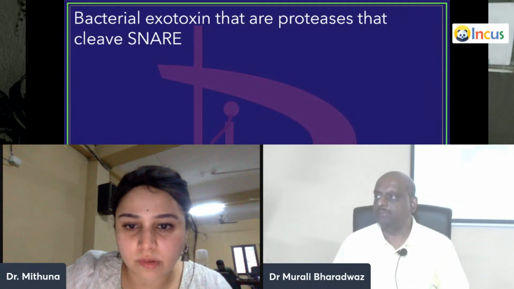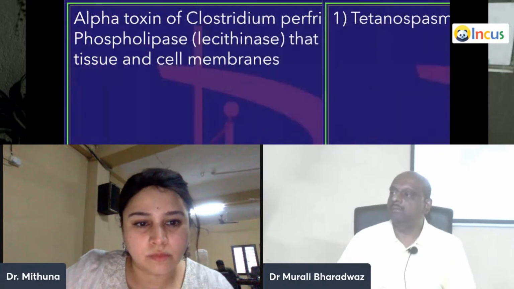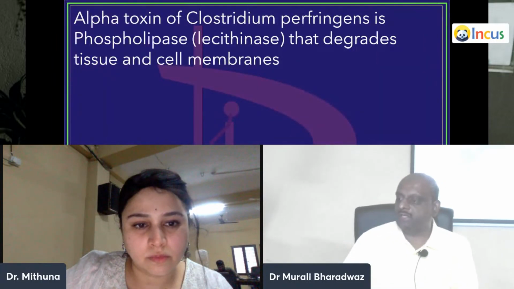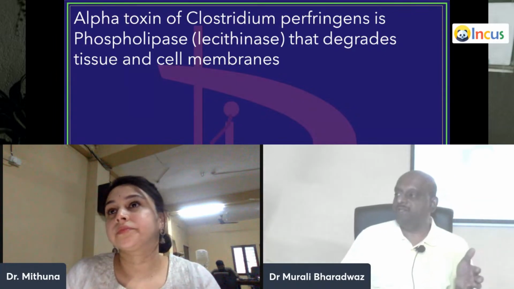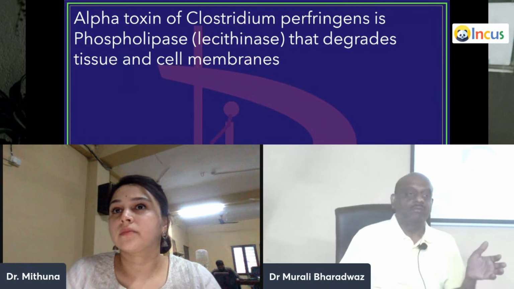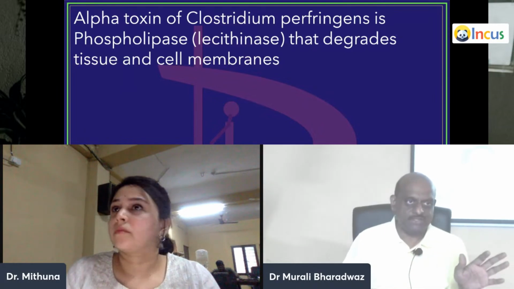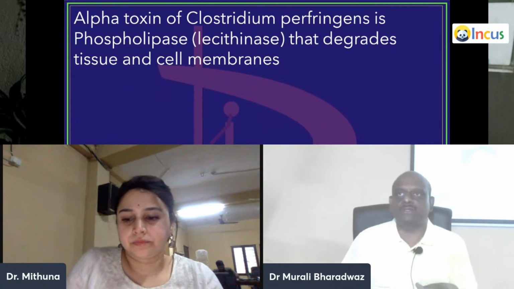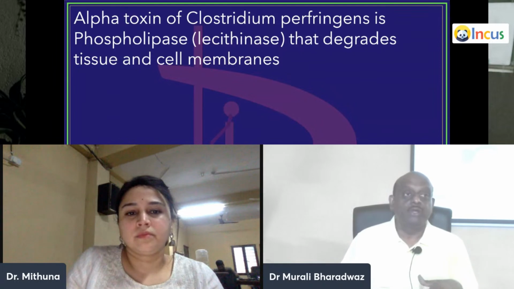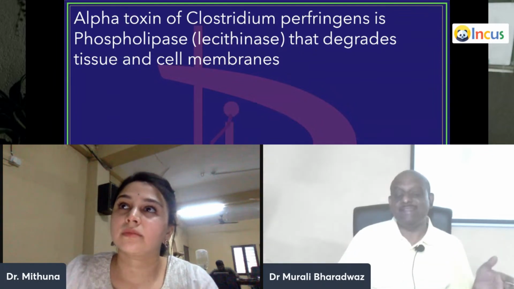Very good. So, the alpha toxin of Clostridium perfringens is a phospholipase, which is lecithinase, that degrades tissue and cell membranes. A lot of times this question has been asked, which toxin has a lecithinase activity?